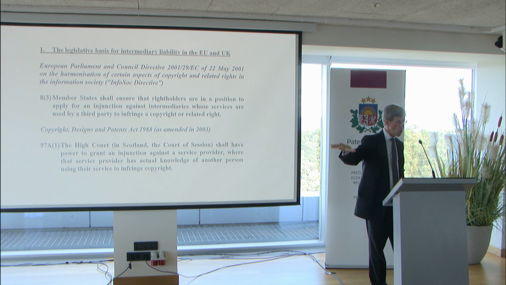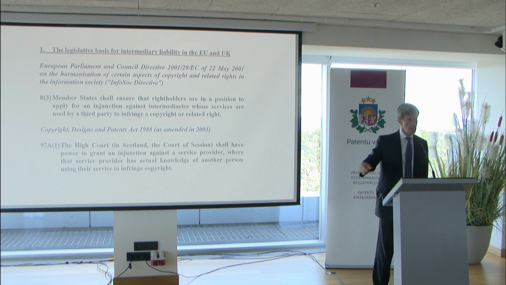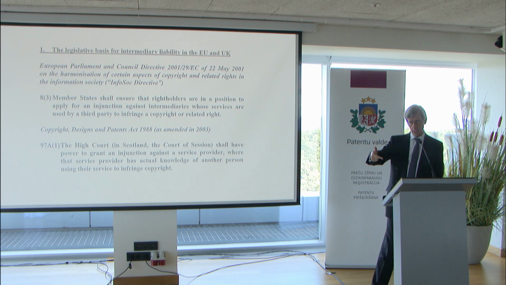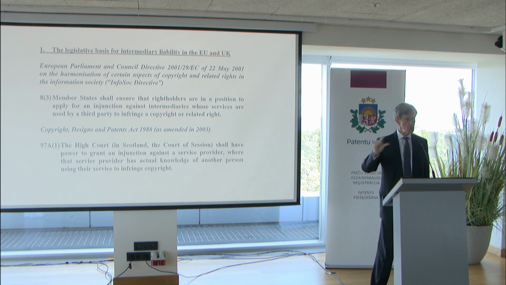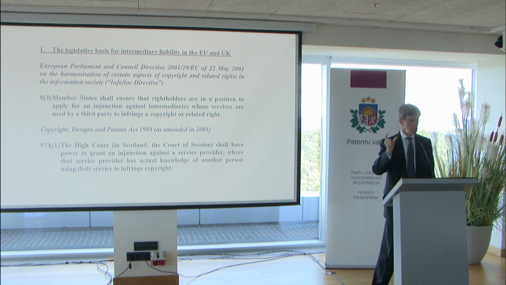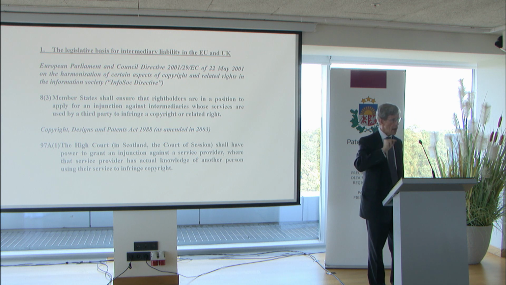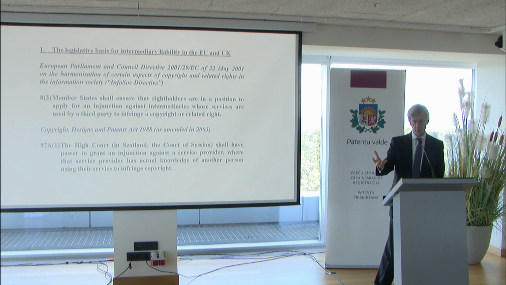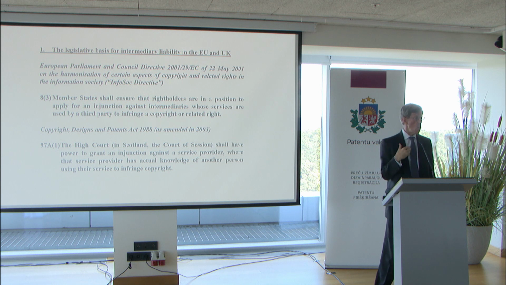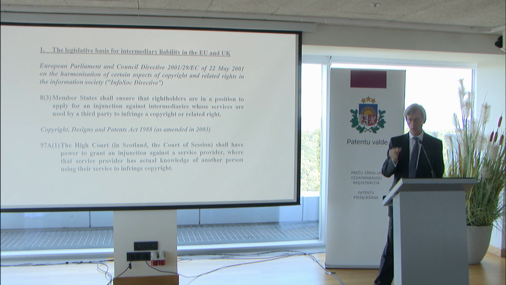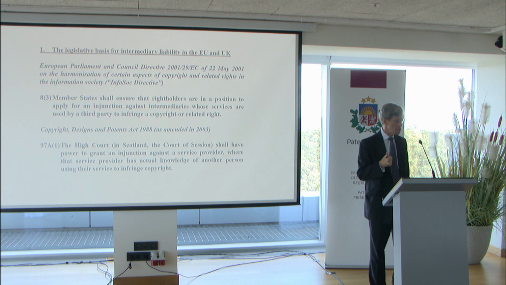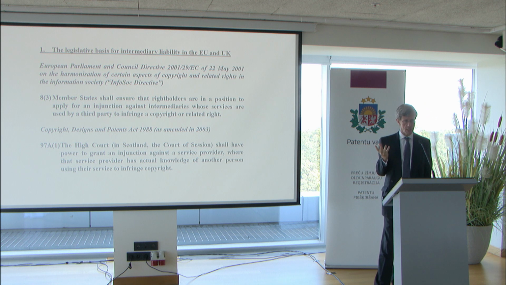They're rights to stop other people doing things. So each form of intellectual property restricts the doing of certain types of act. If you do one of the restricted acts, you are liable for infringement, and that's primary liability. So with copyright, as Thomas was explaining to you earlier, one of the restricted acts is communication to the public. So if you communicate to the public, you are an infringer. That's primary liability. So that's our first basis.